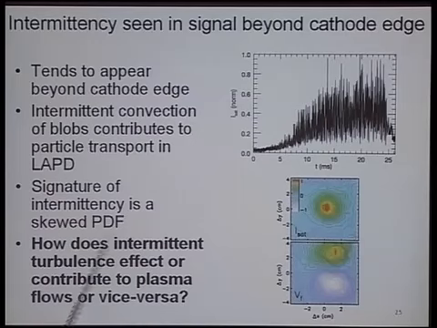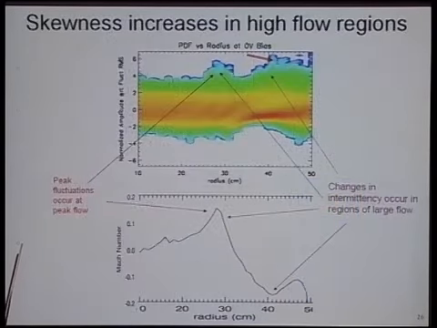We could also do cross-conditional averaging to try to image these density fluctuations. So the question is how does this intermittent turbulence affect plasma flows, or vice versa? Is one causing the other, one affecting the other? So that's something that we're also in the process of trying to understand.